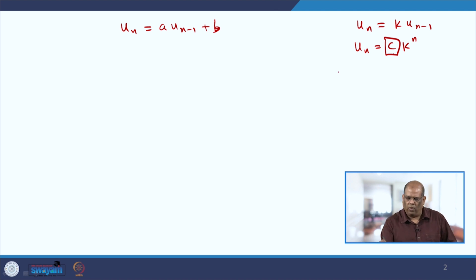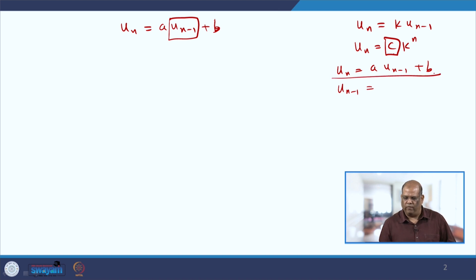So, if you write this un, which is a times un minus 1 plus b. What I am going to do is replace un minus 1 using the same difference equation, and I get a times un minus 2 plus b.